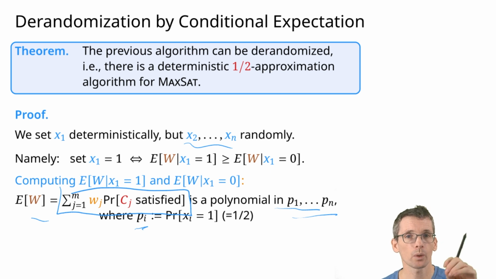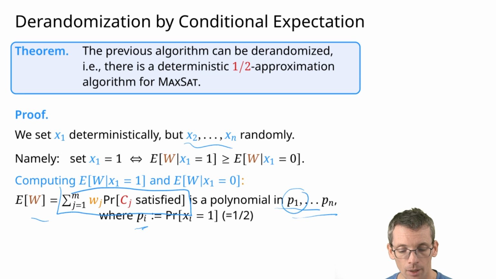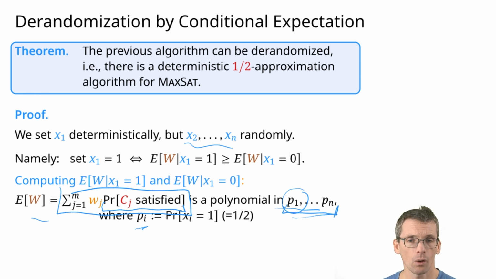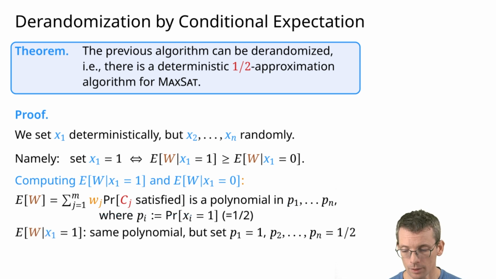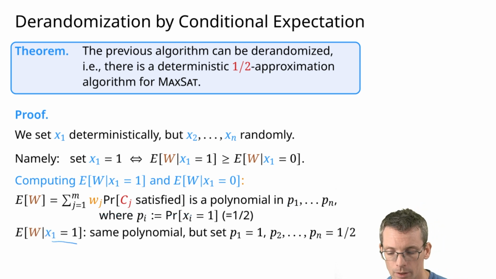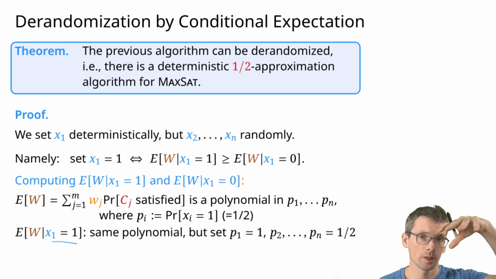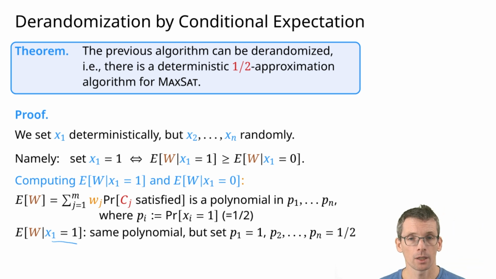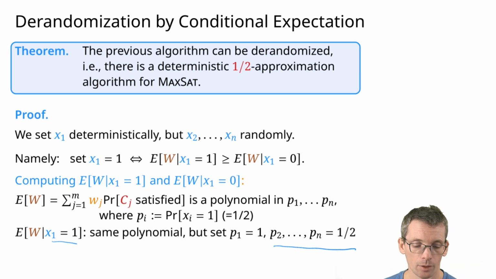But let's assume we allow ourselves to set these probabilities to pi, and then the probability that Cj is satisfied is obviously a function of these pi. If we can easily write down this function, then the expected value of W conditioned on x1 being 1 is simply that polynomial with all of the pi set to 1/2.